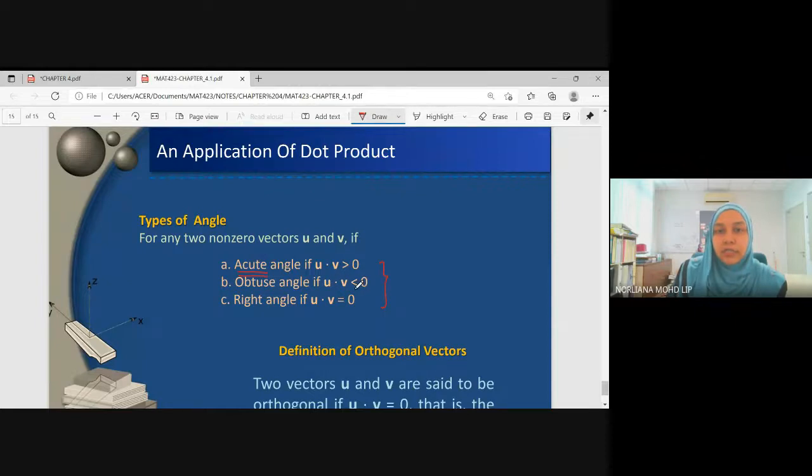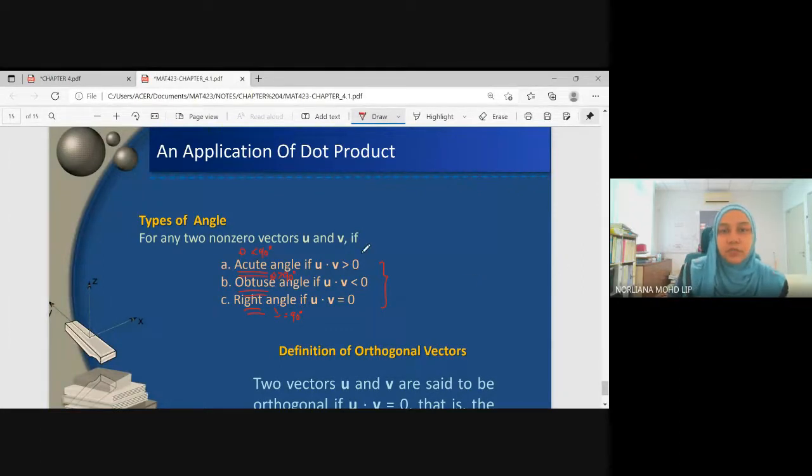If U dot V is less than 0, it is an obtuse angle. Acute angle means theta is less than 90 degrees. For an obtuse angle, theta is greater than 90 degrees. And for the right angle, if U dot V is equal to 0, the angle is equal to 90 degrees.